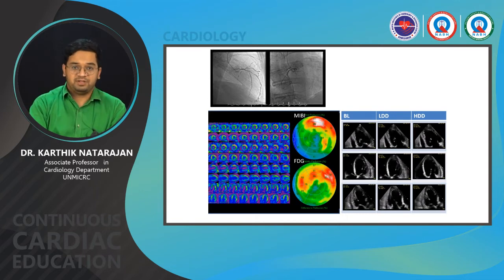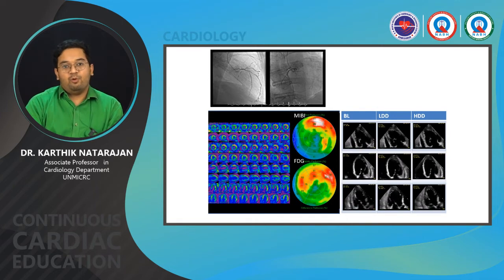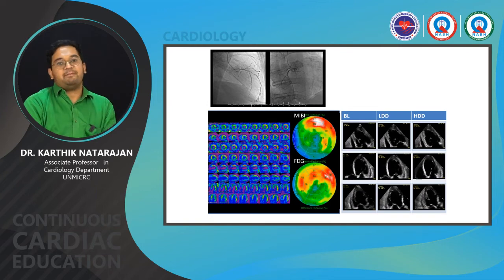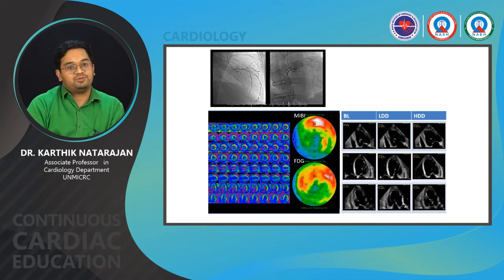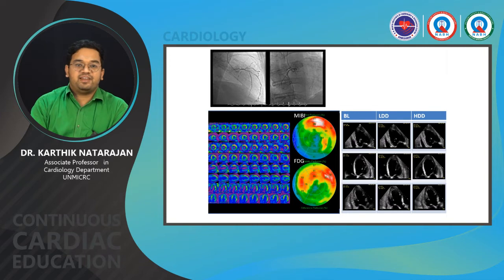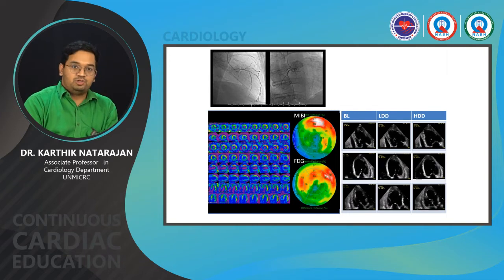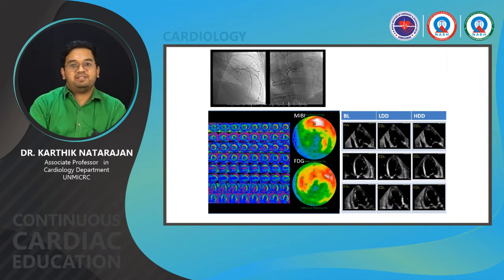But when you do a PET scan, you can see that most of the apical and anterior regions are viable. Only some part of the inferior and lateral regions are non-viable, which constitutes a very small amount of myocardium. So this patient also underwent CABG and did well.